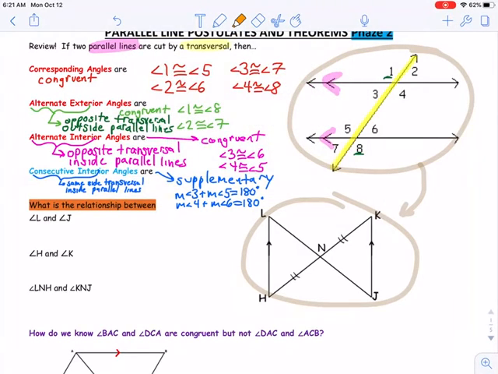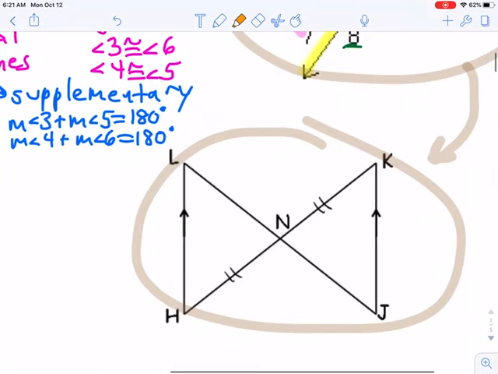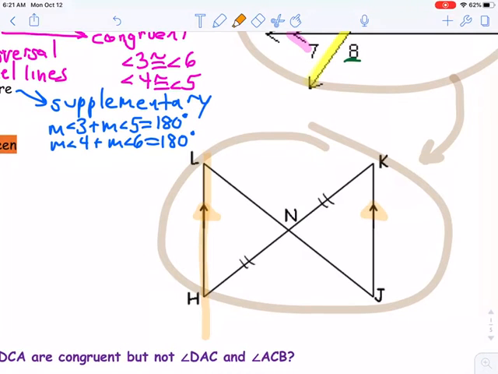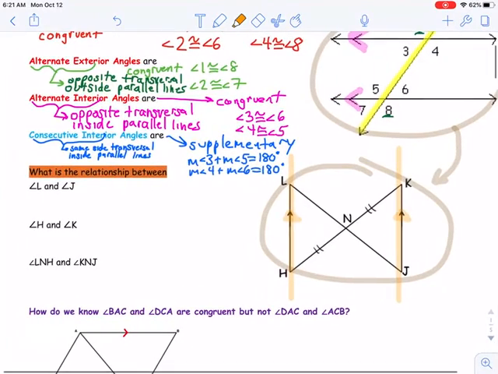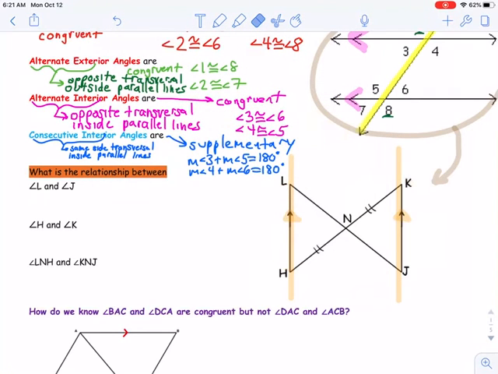So again, let's analyze this picture. Notice we have parallel lines. What I like to do is just extend them. Notability is great. There's a lot we can do in Notability that we can't do on a piece of paper, such as have access to all these highlighters, rotate, manipulate pictures, all this fun stuff. Next, I'm going to erase this thing.